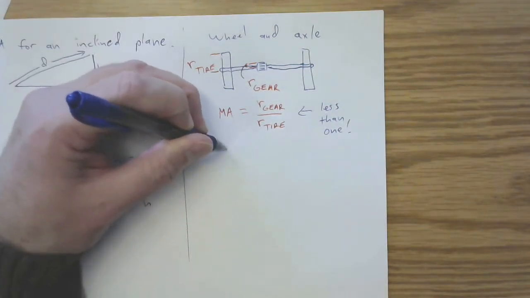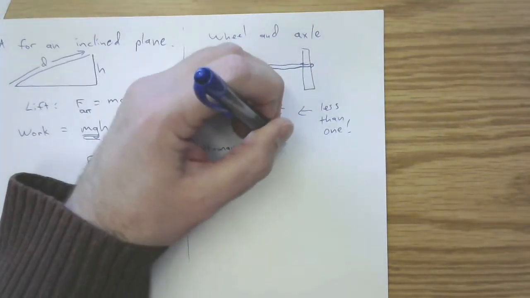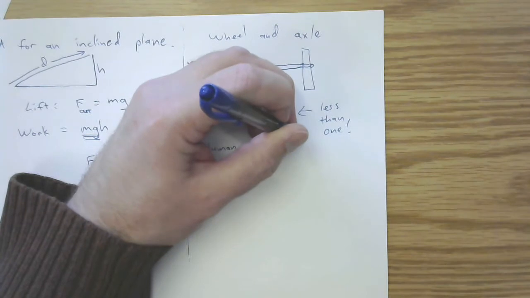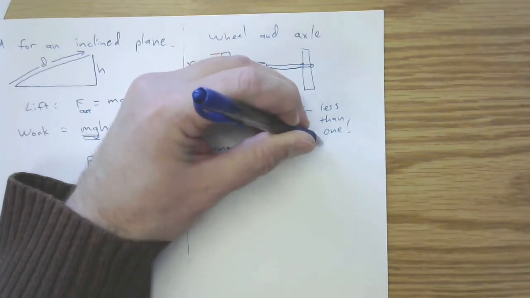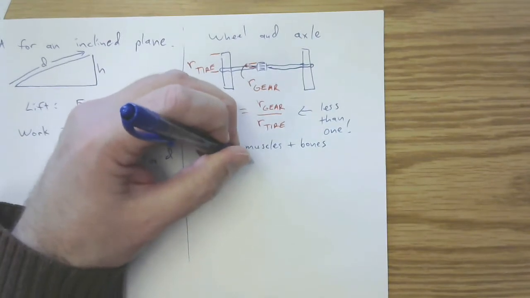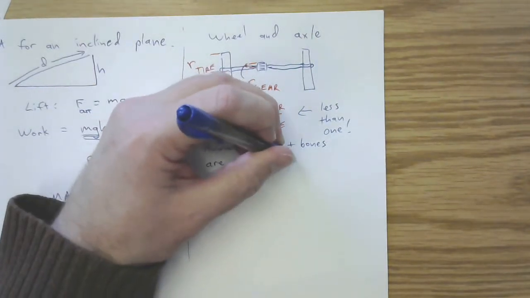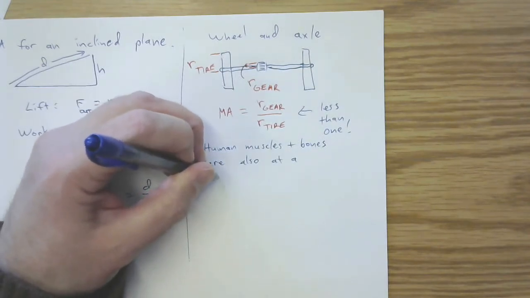And also we can note at this point that the human muscles and their levers, their bones, are also generally at a mechanical disadvantage in this sense.